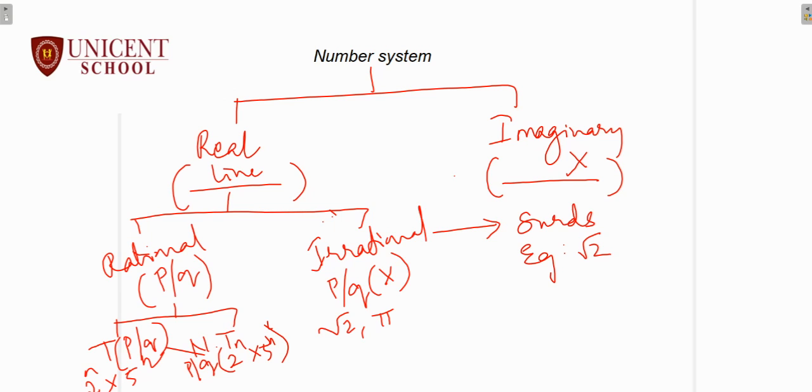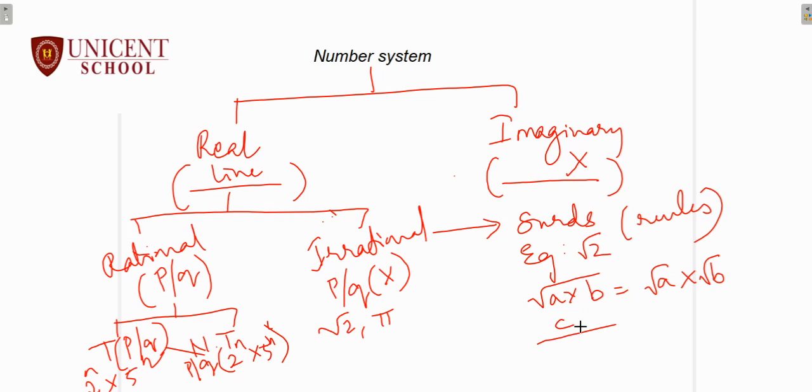But how to simplify the sums related to surds? We need to follow some rules. Like root of a into b is equal to root a into root b. And one specific rule which we'll be using in this chapter is for rationalizing. If a number is given in this form, then how to rationalize it?